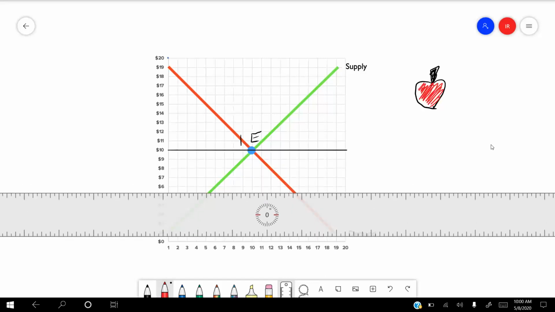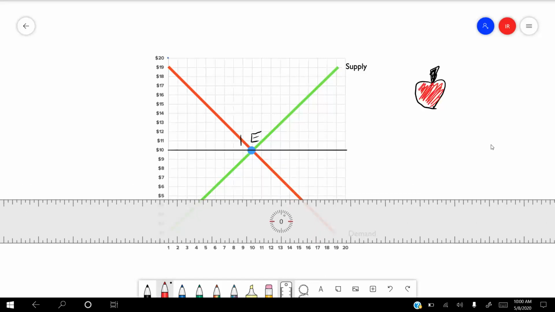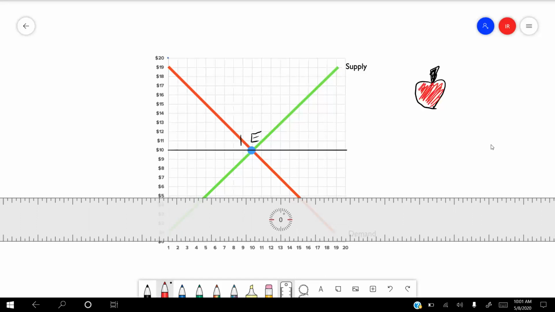So let's say the government decided to set the price at $5 for an apple.